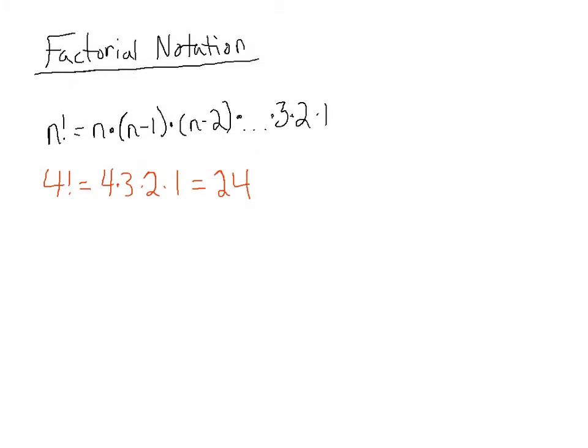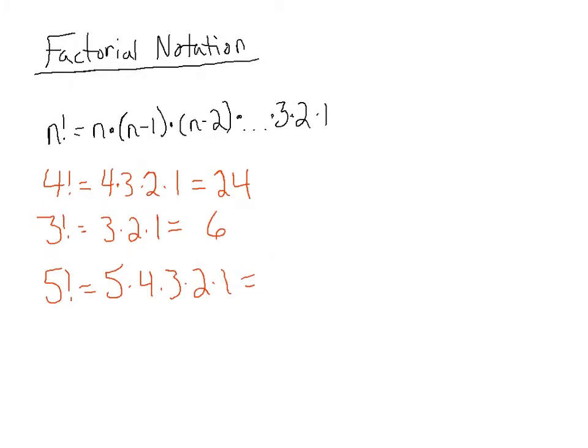Like we saw earlier, 3 factorial would be 3 times 2 times 1, which is just 6. Okay, let's do one more, 5 factorial. That means starting with 5 times 4 times 3 times 2 times 1, and we would get 120. So that's what factorial is. And we're going to use these when we deal with permutations.